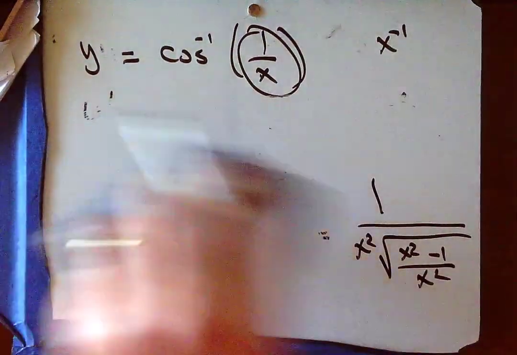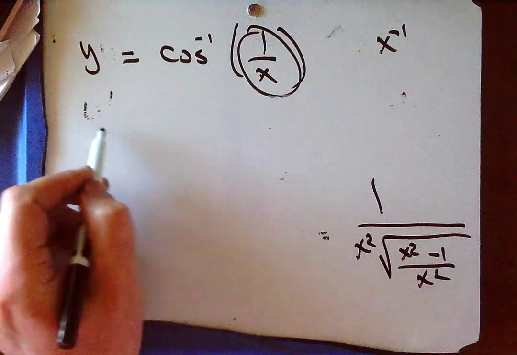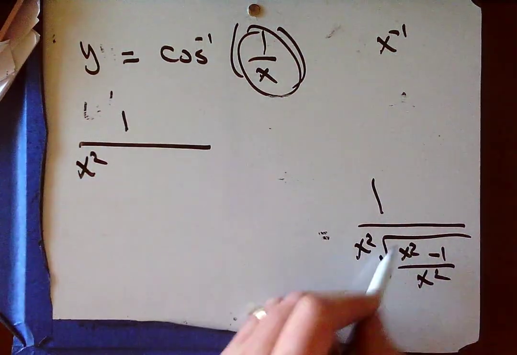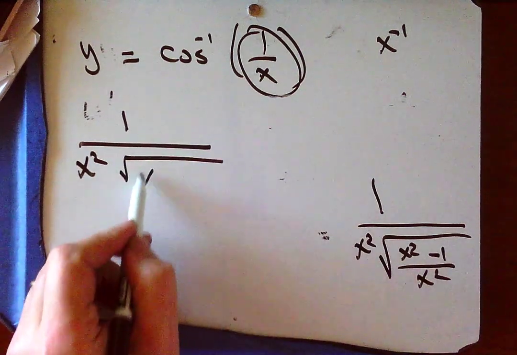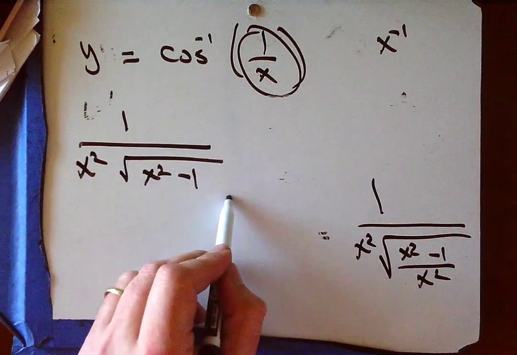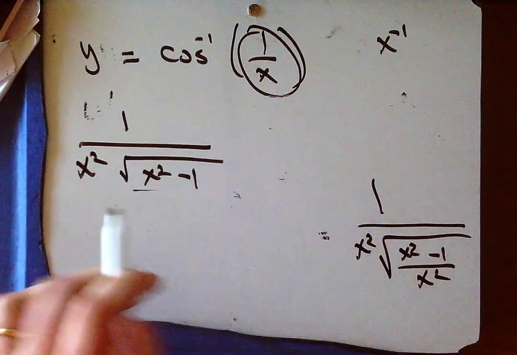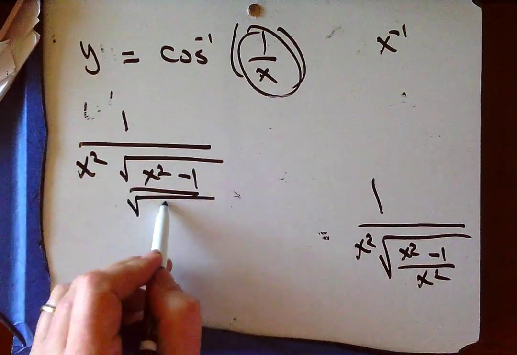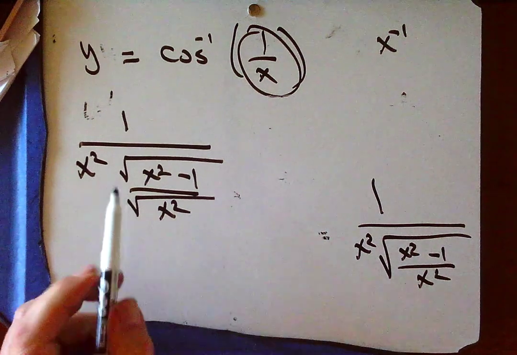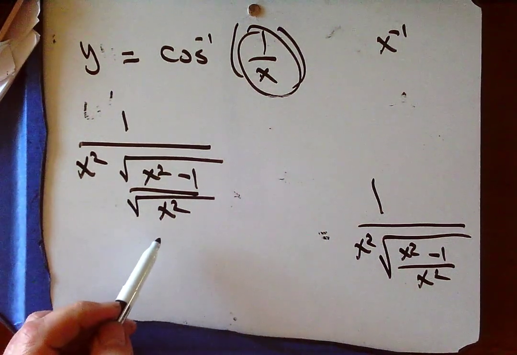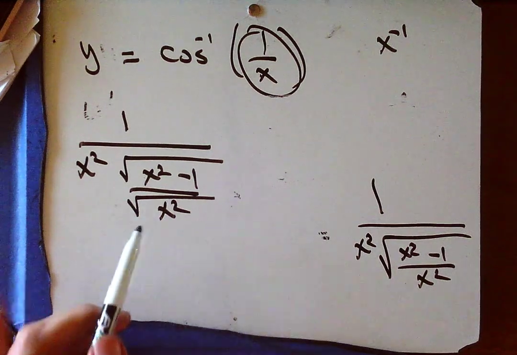So what are we going to have then? Well, I've got 1 over x squared. And then here, this thing, I'm going to split it up into x squared minus 1 all over square root of x squared. Now remember, the square root of x squared is x.